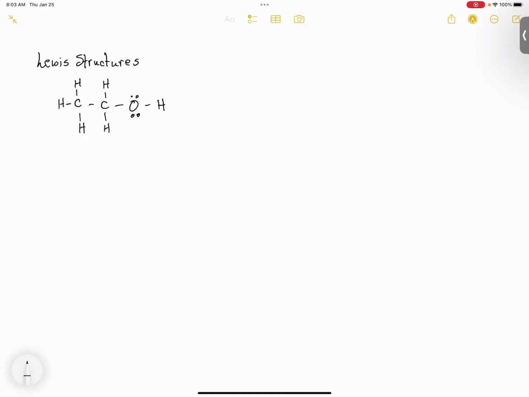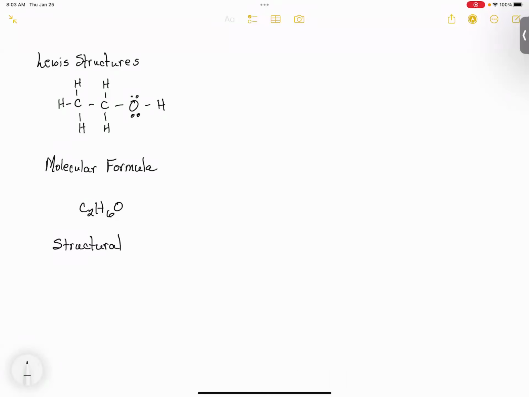Now, the first type of formula we talked about was that of the molecular formula. The molecular formula itself is, to be quite honest, pretty nondescript. For this particular compound, that would be C2H6O. You don't know where the O goes particularly or anything of that nature. So again, it's very nondescript. Then we discussed structural formulas.